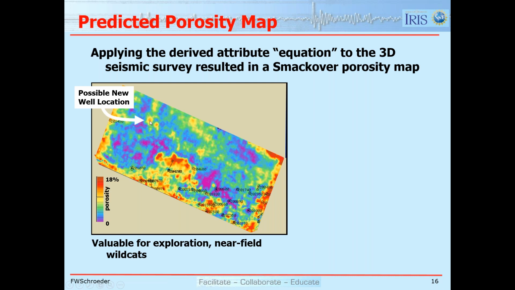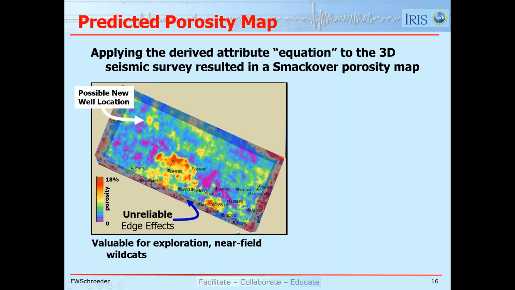And so maybe this is onshore US, so the drilling costs are not too high. There's a lot of infrastructure, and we have a lot of energy-hungry people living in the US. And so it might be worthwhile to put in an exploration well, or you might call it a near field wildcat well, in this location, maybe in this location.